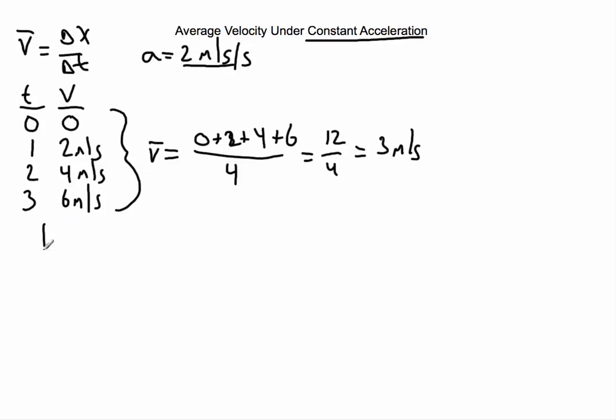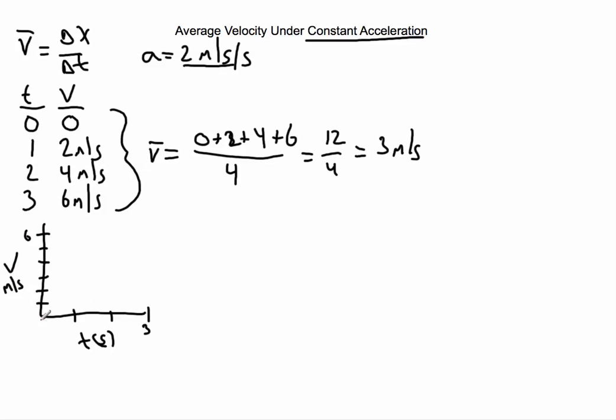Now, the other thing we can note, make a graph here, and if we say that's 1, 2, 3 seconds, time in seconds, and up here we go 1, 2, 3, 4, 5, 6. This is velocity in meters per second.